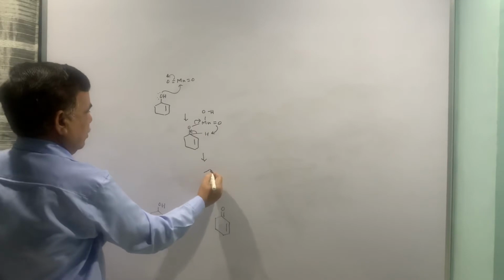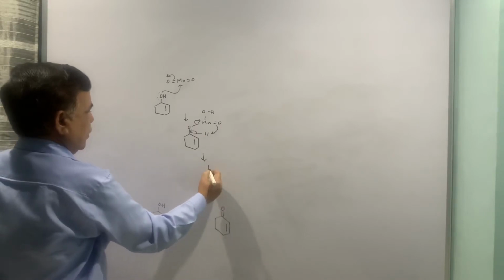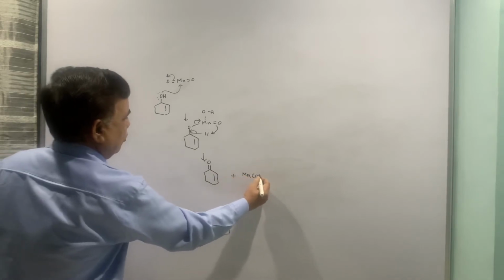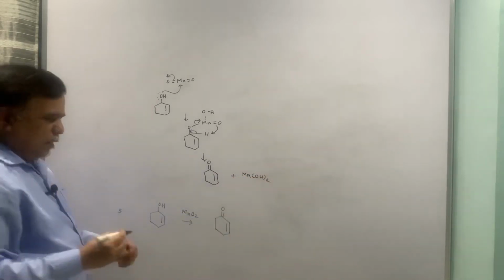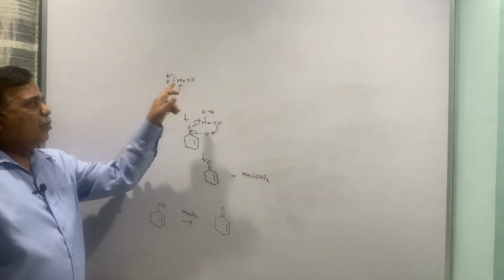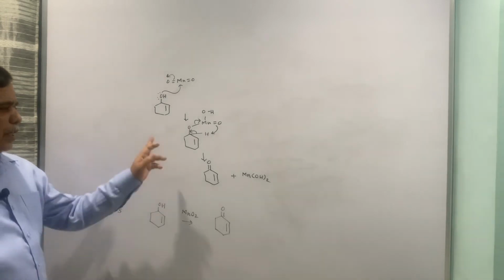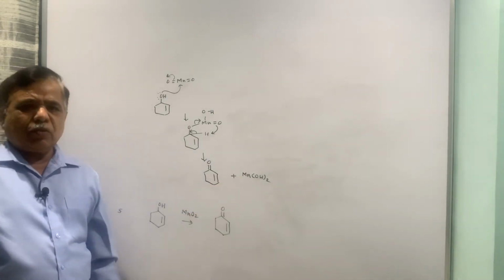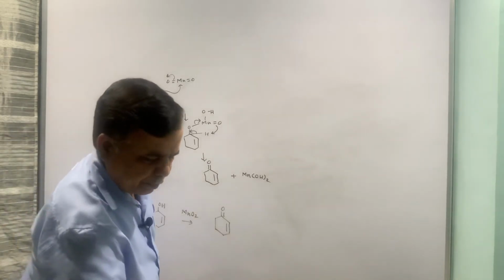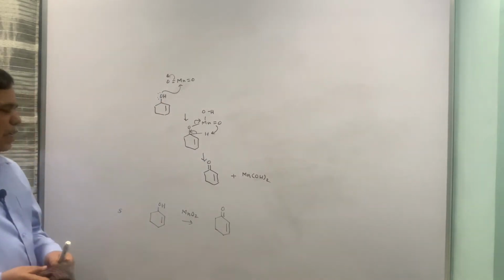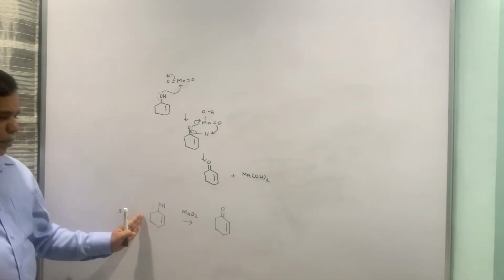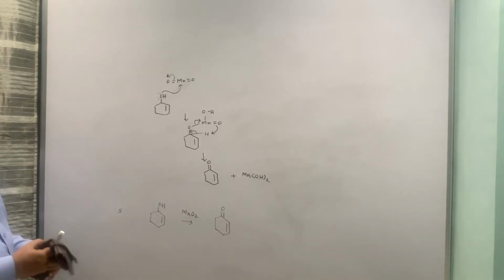So ultimately you have a conjugated carbonyl, and what is happening to manganese dioxide? It is becoming manganese hydroxide. Now the oxidation number of manganese is +4 here, whereas in this case it is +2. So it is gaining 2 electrons and undergoing reduction. So that is the overall reaction wherein manganese dioxide is oxidizing the secondary alcohol to ketone. If it is a primary alcohol, it will be oxidized to aldehyde, and so on.